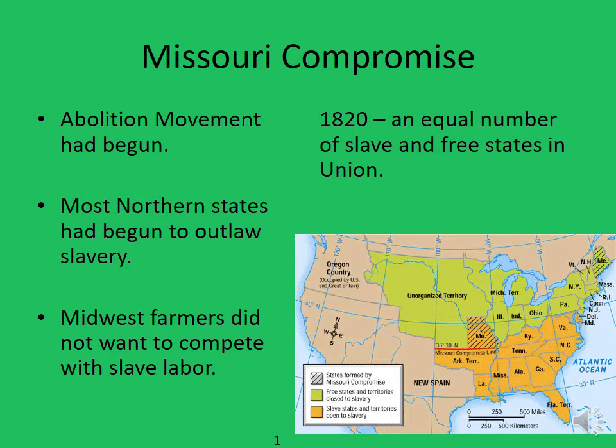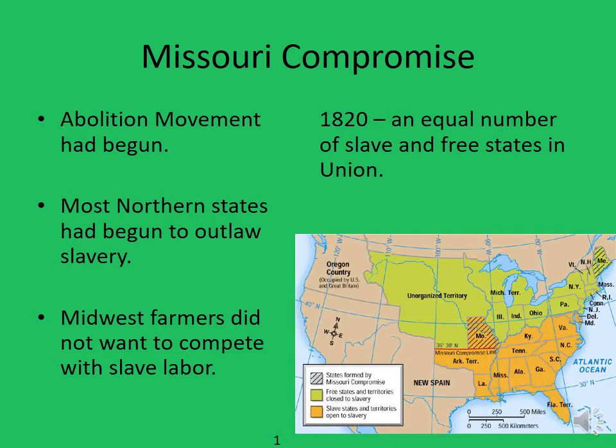So basically, Midwest farmers in Illinois, Indiana, Missouri, they didn't want slavery to be pushed out there at all. And in 1820, there's an equal number of slave states and free states in the United States at the time.